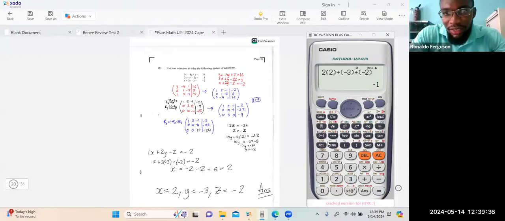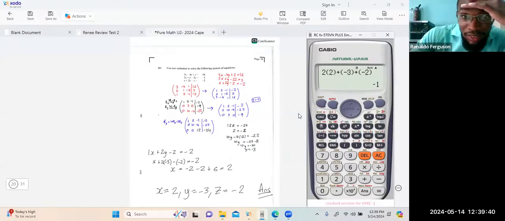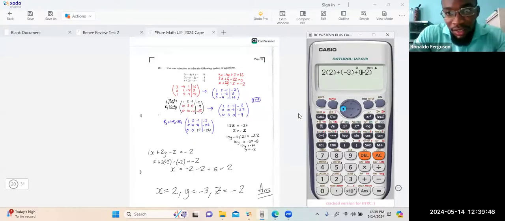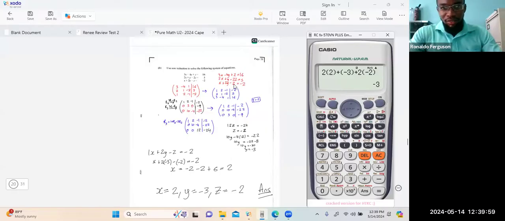Punch it in the calculator. Whoa, guess what? We made a mistake. Do you see where we made a mistake? We have 2x plus y plus 2z should be 5, but I'm getting negative 3. Uh-oh.